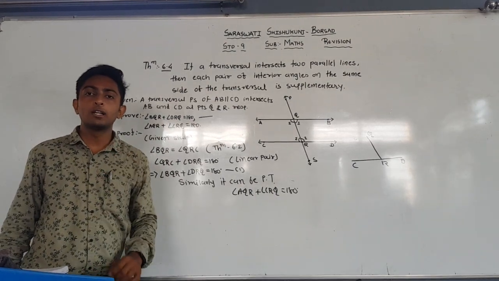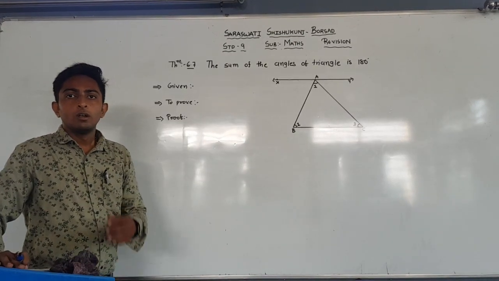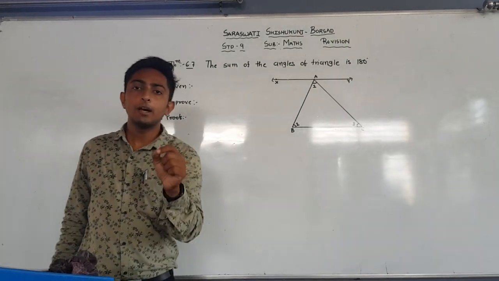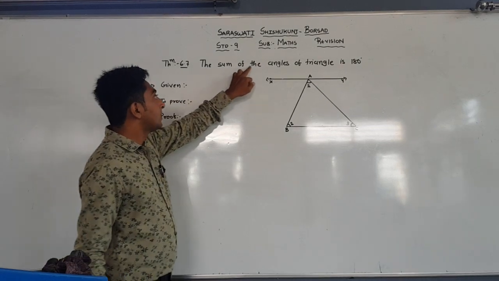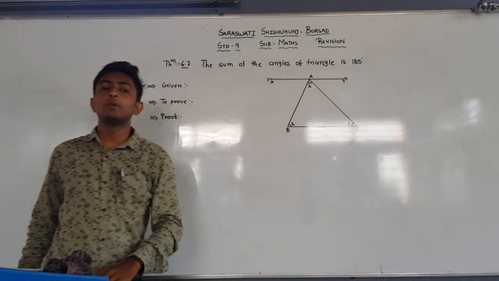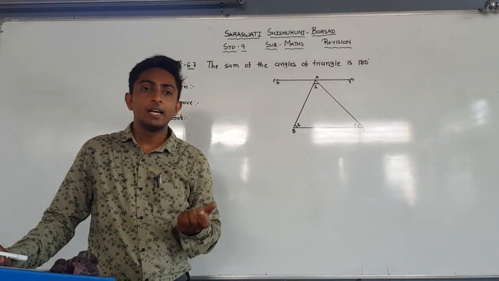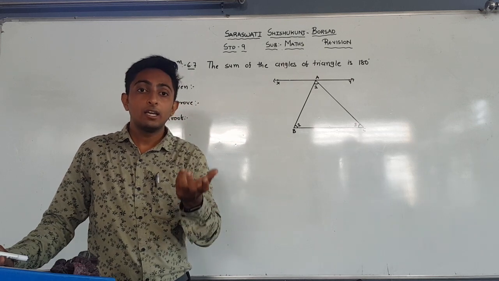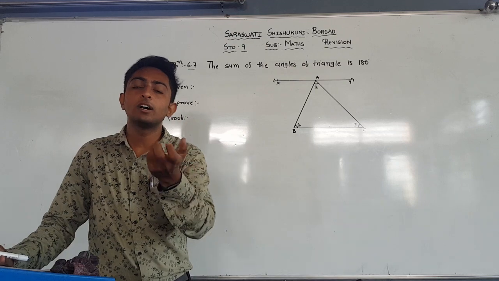Now let us move further to the next theorem, that is theorem number 6.7. The statement is the sum of the angles of a triangle is 180 degrees. Friends, here the if and then are not given, but logically we can say that if we have a triangle, then we can prove that the sum of all angles is 180 degrees.